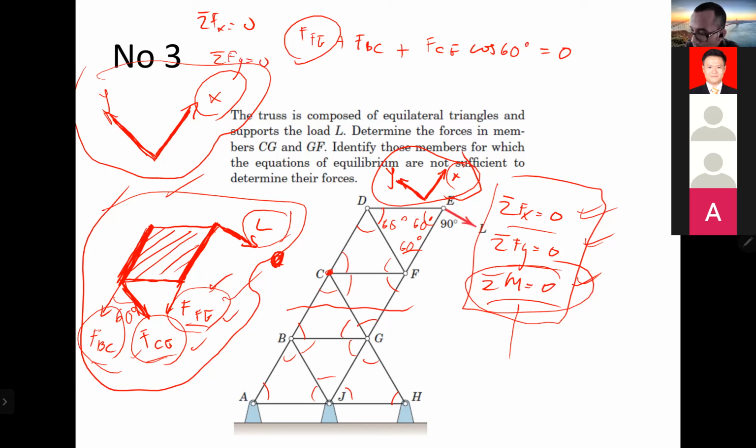By using sigma fy equal to 0, the FFG just now is going to the x direction, FBC is going to the x direction. So we can eliminate both in the sigma fy.